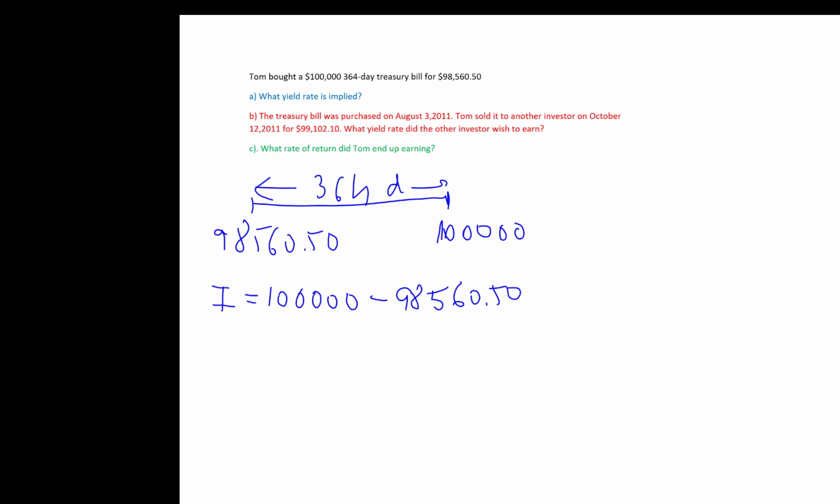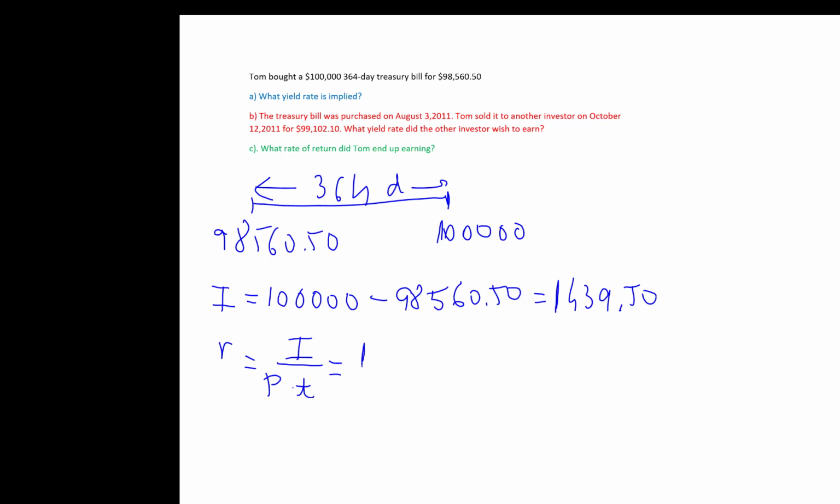So if we calculate this return, once more, we have the calculator here, 100,000 minus the purchase price, we have an overall return of $1,439.50. So the rate is the amount of return divided by purchase price and divided by time.